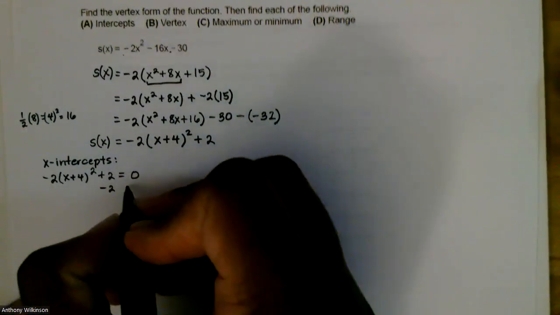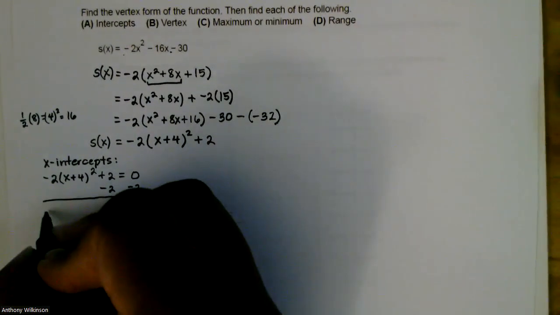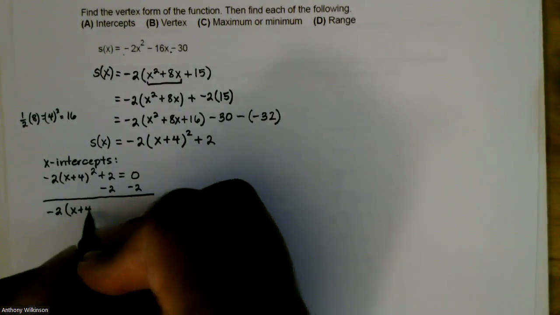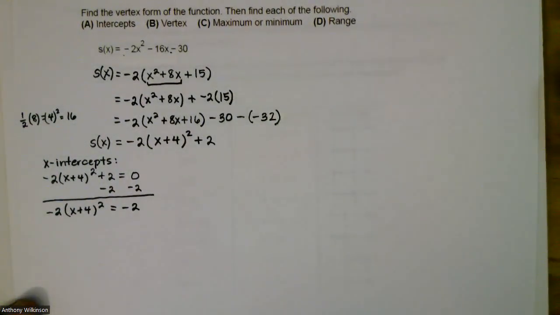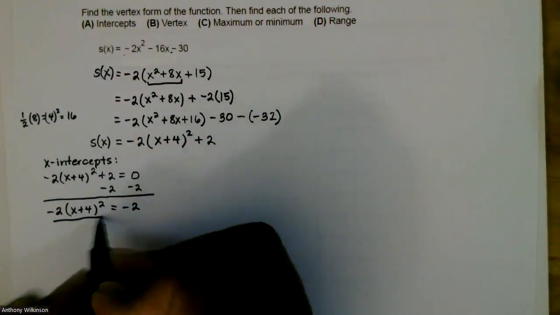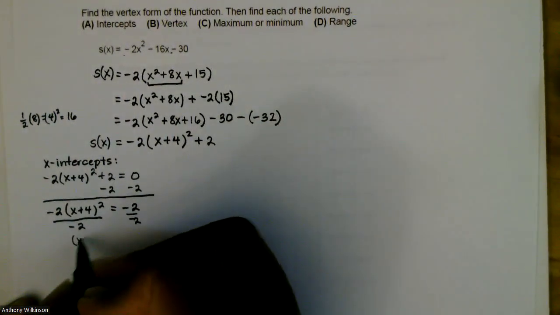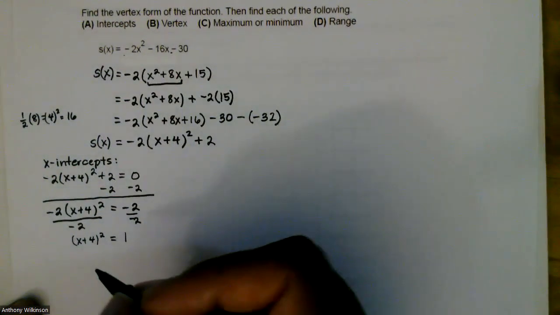So here, if I subtract 2 on both sides, that means I get -2 times x plus 4, quantity squared, is equal to -2. And then divide both sides of this equation by -2. I'm going to have x plus 4, quantity squared, is equal to 1.